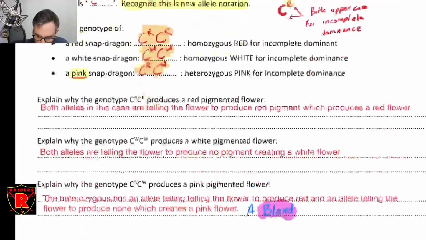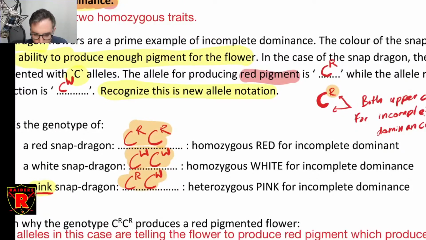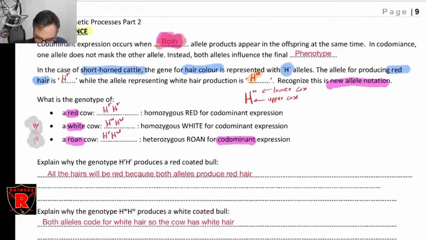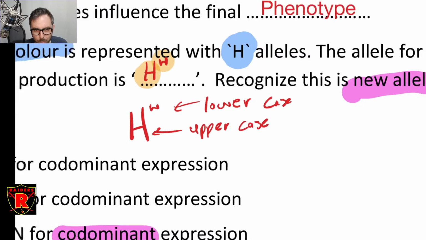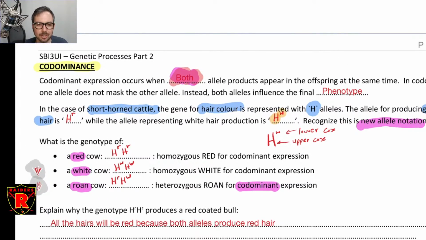That's the one where you have 3 traits, but the third one is a hybrid of the other 2. And then we've also got an uppercase base letter and a lowercase superscript for codominance, and that's when both traits get expressed in the hybrid. In other words, a cell basically is going to choose. It's going to do one trait or it's going to do the other trait.